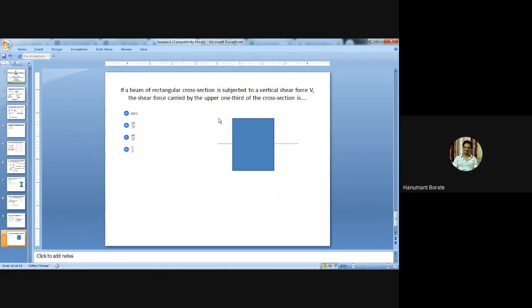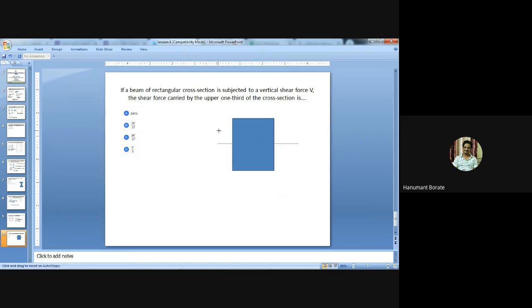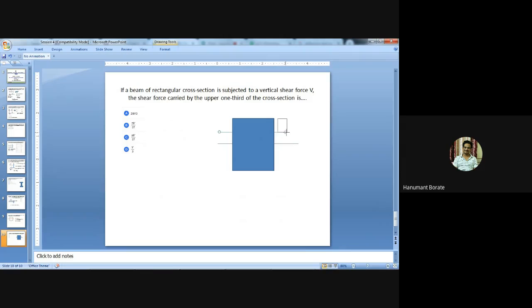Means we need to calculate shear stress at a distance of L by 3 from the top side. So this distance will be L by 3. We take height, so we'll write here H by 3. We need to calculate shear stress at a distance of H by 3.